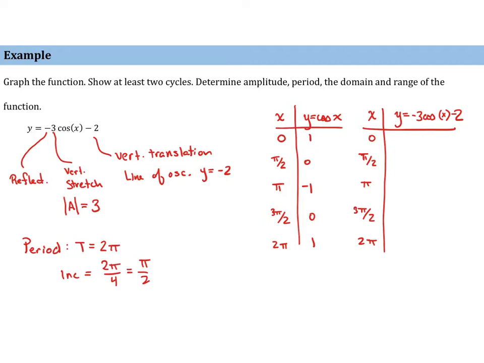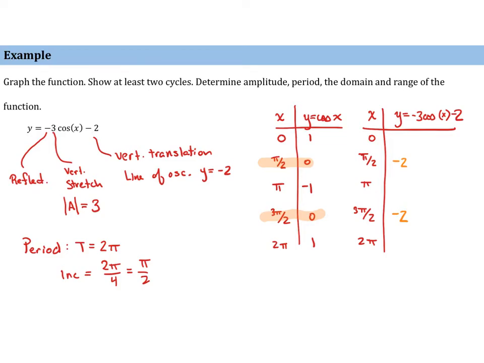But now what we have is a reflection, and we have a vertical stretch, and we have a vertical translation. So it might be easiest to go ahead and move that line of oscillation. So the line of oscillation consists of these points in our table. So we will now see those values move down 2 units.